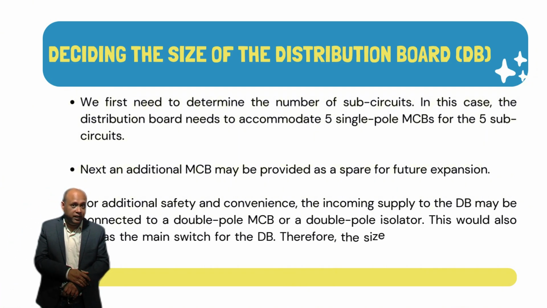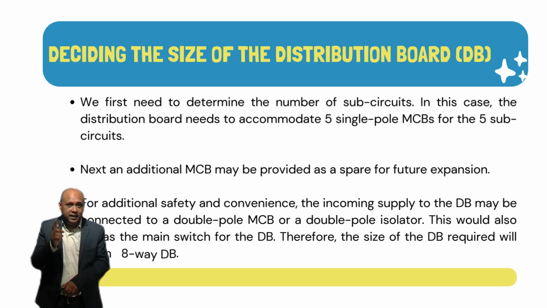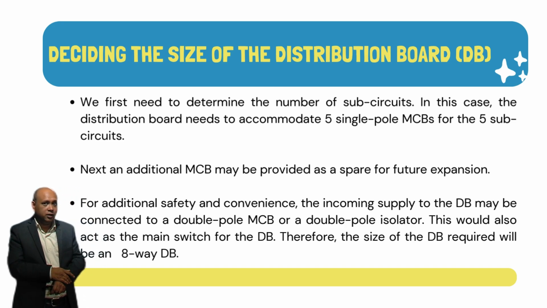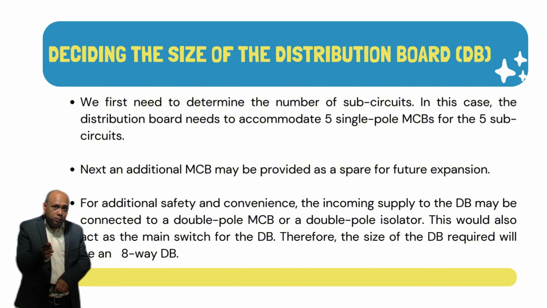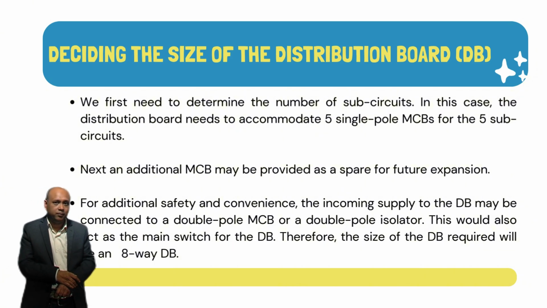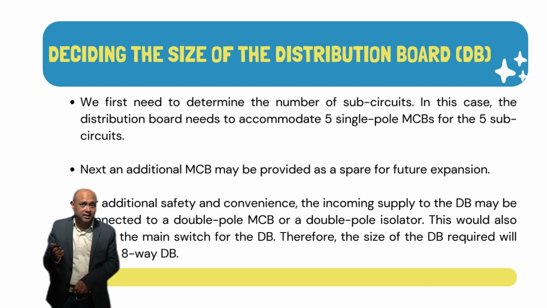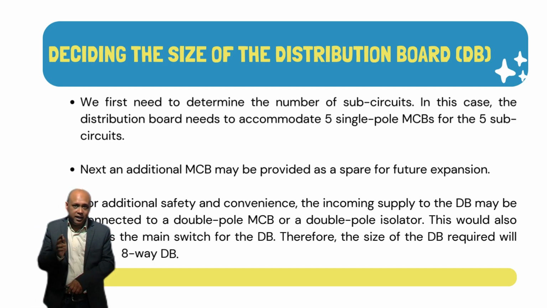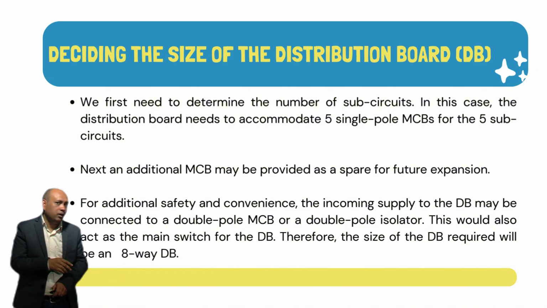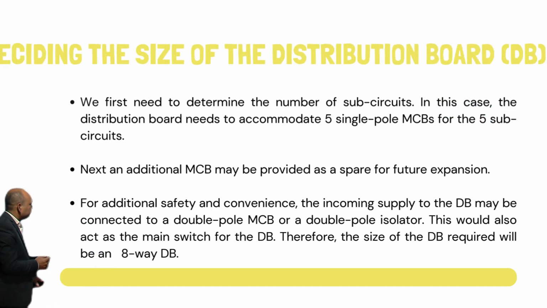For additional safety and convenience, the incoming supply to the distribution board may also be connected to a double pole MCB or a double pole isolator. This would also act as the main switch for the DB. Therefore, the size of the DB required in our case will be an A2A distribution board.